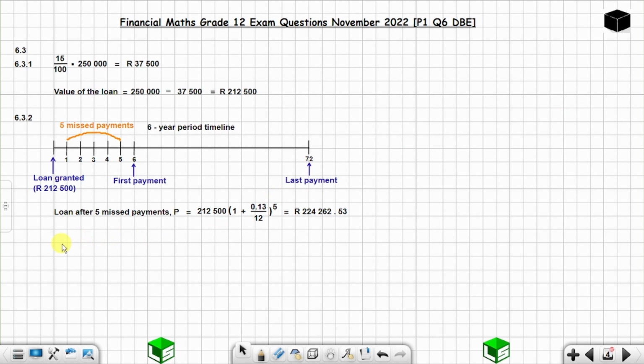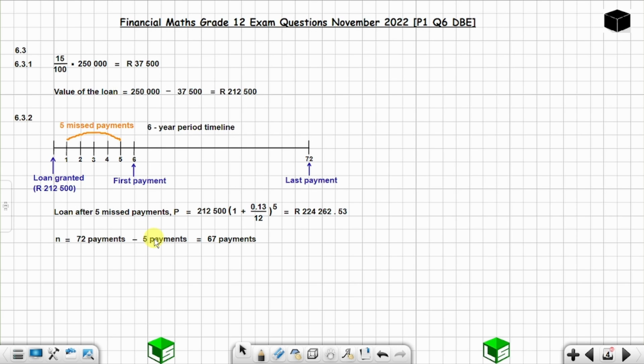So the number of payments N is equal to 72 payments minus 5 which are missed. You are going to have 67 payments, not 72 payments, but 67 because 5 are missed.